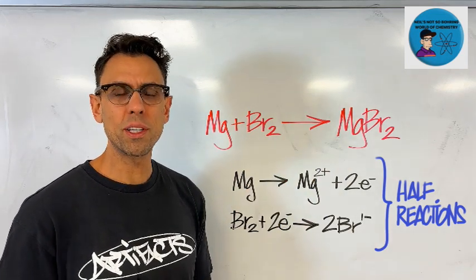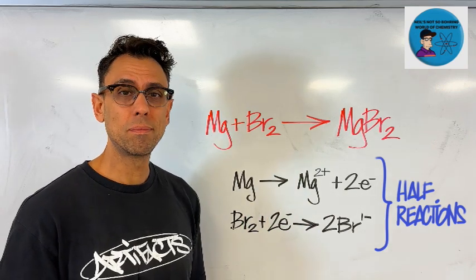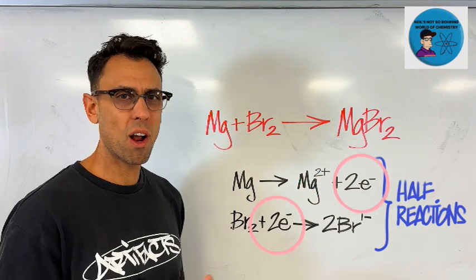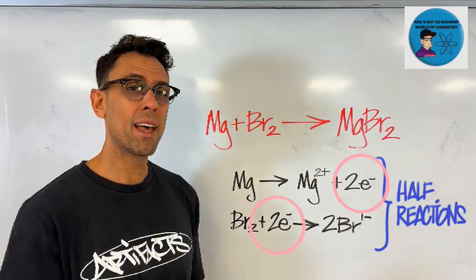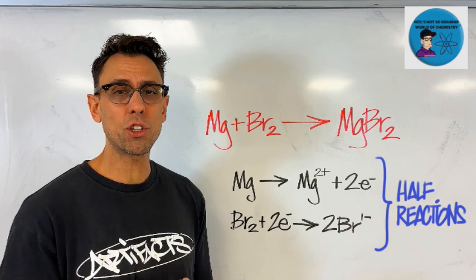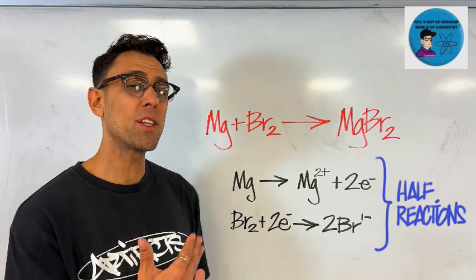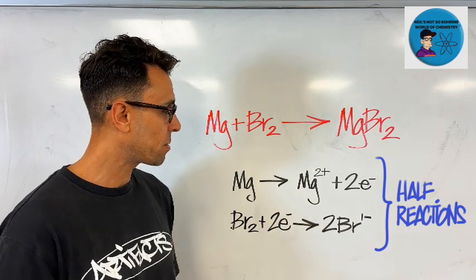What's another difference that you see when comparing these to the original equation? I'm sure you've picked up on the fact that we're seeing electrons. In our half reactions, you will always have a certain number of electrons written out. And of course, redox is based on the transfer of electrons, and that's why they're appearing in these half reactions.